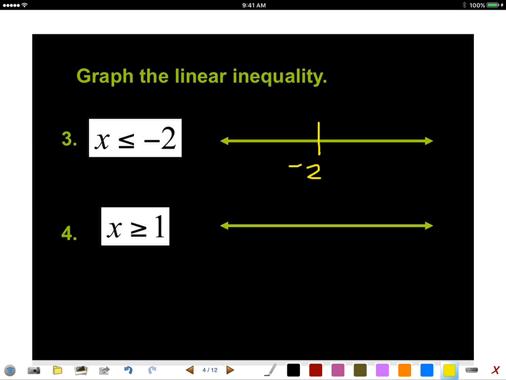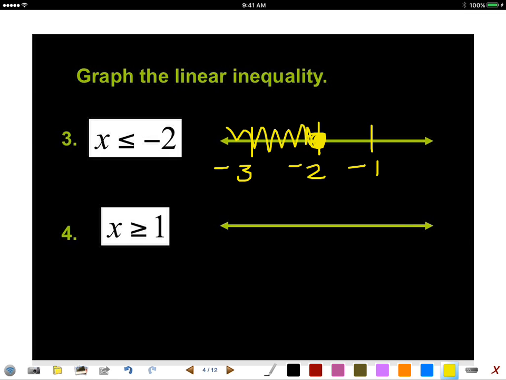Yes, so put the negative 2 here. To the left, we're going to put a negative 3. To the right, a negative 1. Now, this says x is less than or equal to negative 2, meaning x could be negative 2. So we're going to put a closed dot on the negative 2, and we're going to shade to the left.